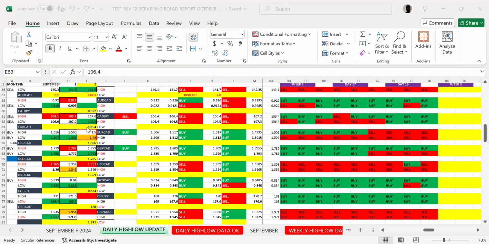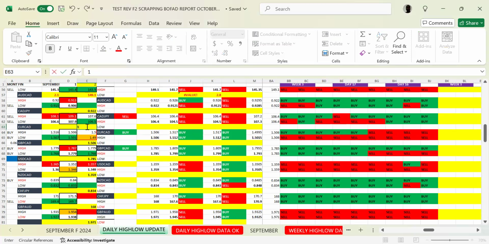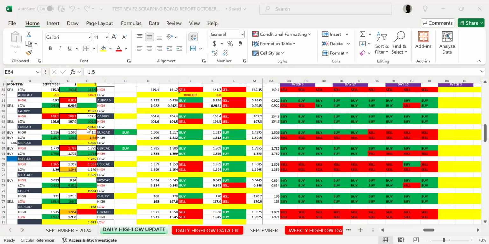At 108.6, you can see that it's a sell more. At 104.6, you'll see then that it was a buy.